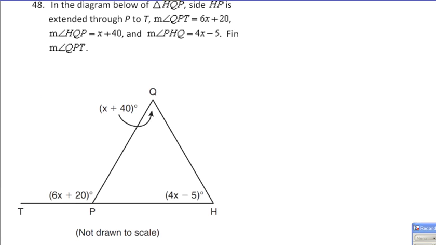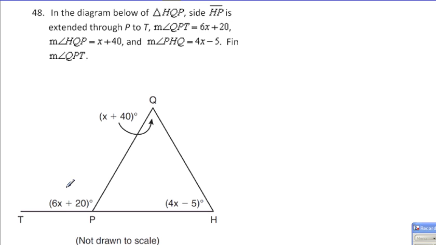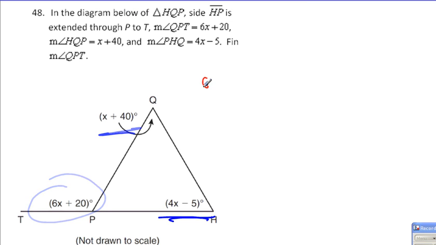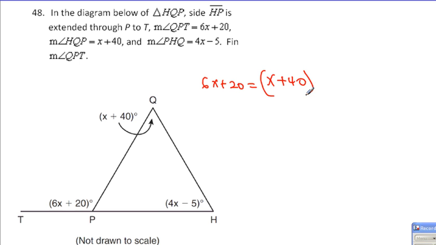Here, as soon as you see this picture, you should realize that this angle is the sum of the other two. And here we have 6x plus 20 must be equal to x plus 40 plus 4x minus 5. Then we have 6x plus 20 must be equal to 5x plus 35.